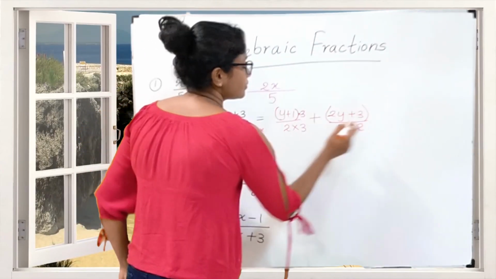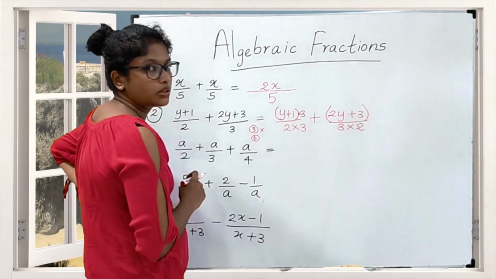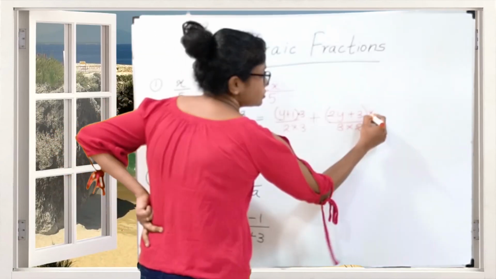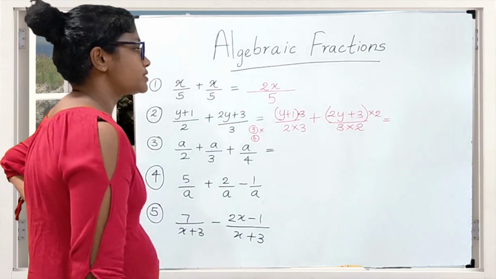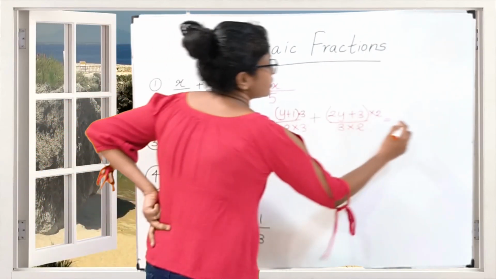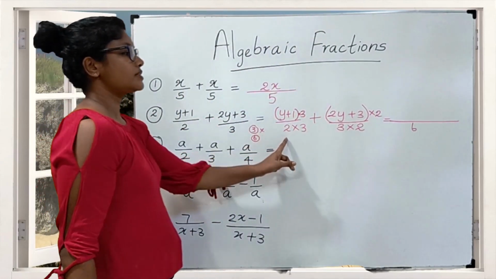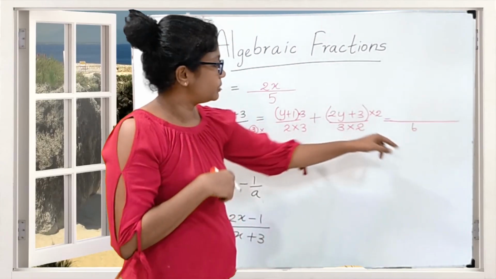Then here, when we multiply this denominator by 2, we have to multiply this numerator also by 2. So, what's the value here? The common denominator 6, here 6 and here also 6. Then you can write 6 as the common denominator.